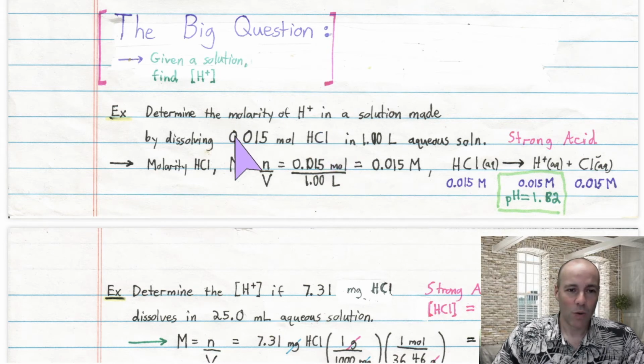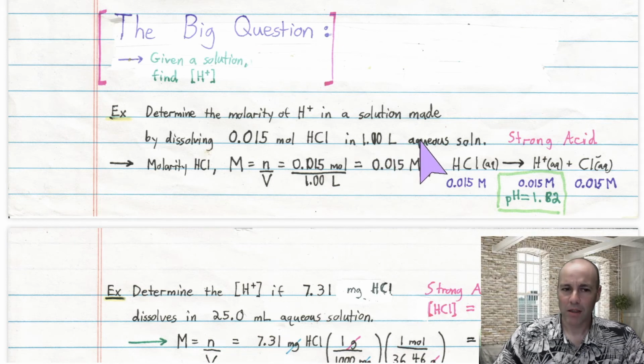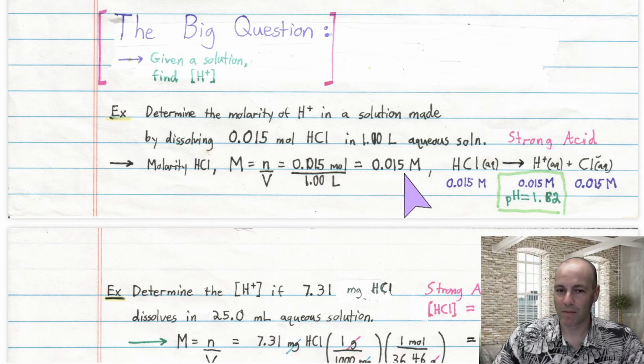So when you mix 0.015 moles of HCl in 1 liter of solution, the molarity of the HCl that you're initially making is calculated as moles over volume, 0.015 over 1. So the molarity of HCl is 0.015 molarity.